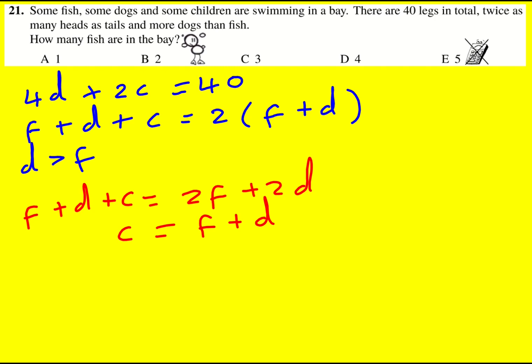Now we have a little bit of information that the dogs are greater than F. So what I'm going to do is take this equation and eliminate C. So it's going to be 4D plus 2 times F plus D, because that is the same as C, equals 40.